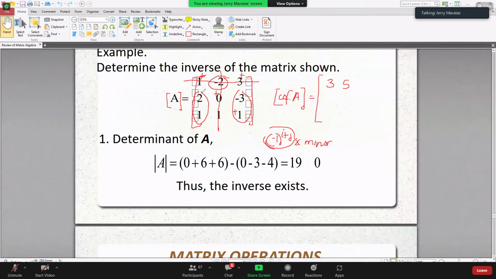So we have these signs, no? So kani siya is minus ni siya, no? So kung sa result siya mong minor, you multiply that by -1.